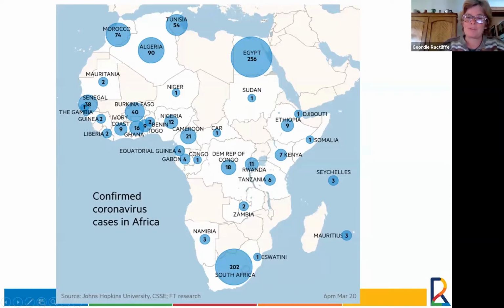This graphic was the case as of March the 20th, which is not long ago, only a week, so we can see how quickly things can change. Nevertheless, compared to 80,000 cases in China, we in Africa are still at the very early stages of the pandemic.